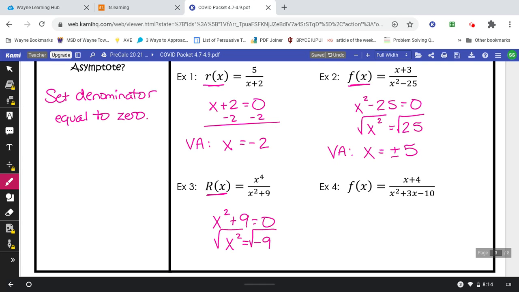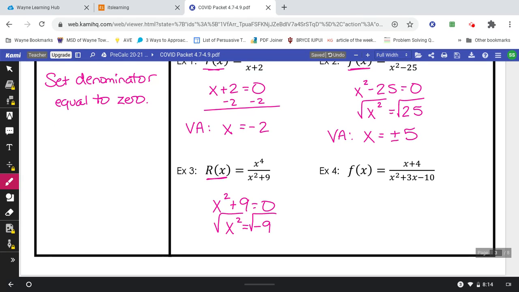When I square root, I get i's. Because I'm going to be graphing these things, I can't graph imaginary numbers because imaginary numbers do not exist on a graph. So what we're going to say is there is none. That just means there's no vertical asymptote. We'll still be able to graph it, there just won't be a vertical asymptote. So let's make a little note: no i's are necessary here.